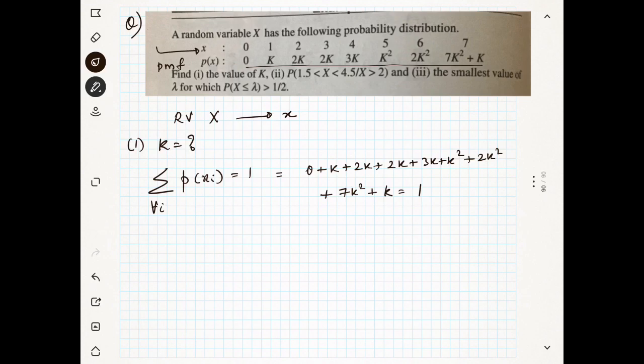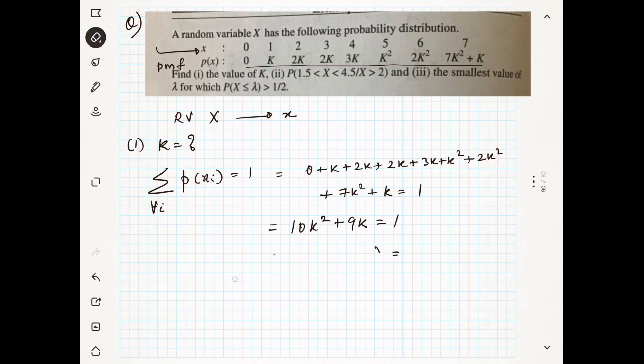So 0 plus k plus 2k plus 2k plus 3k plus k square plus 2k square plus 7k square plus k equal to 1. If you add all these terms, you will get the equation 10k square plus 9k equal to 1.